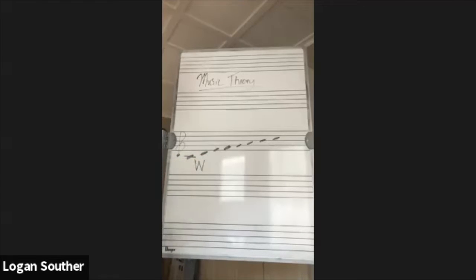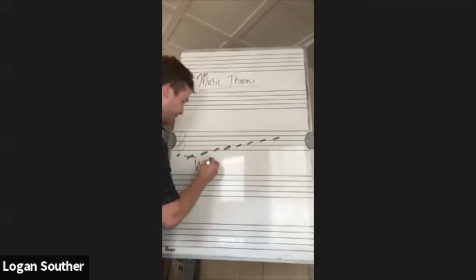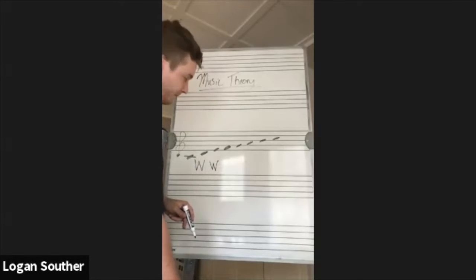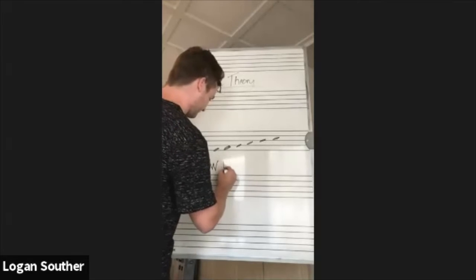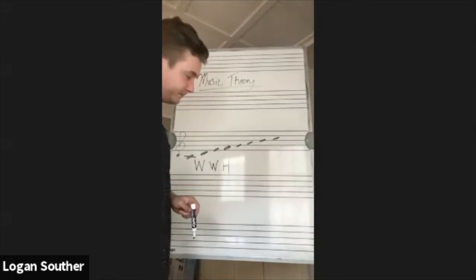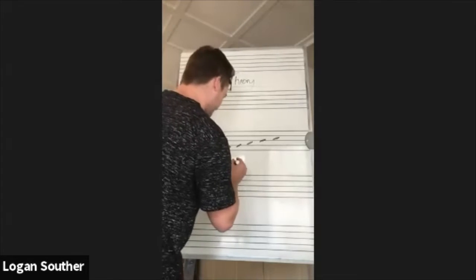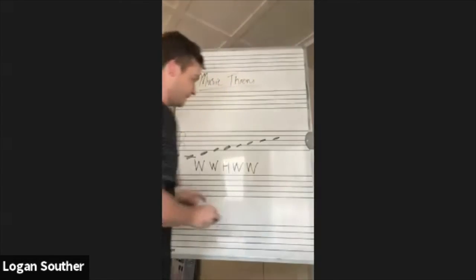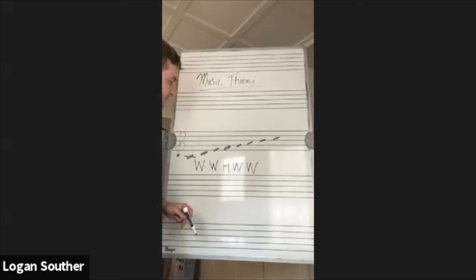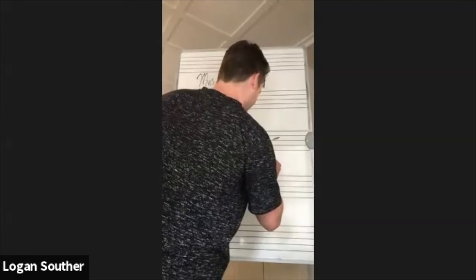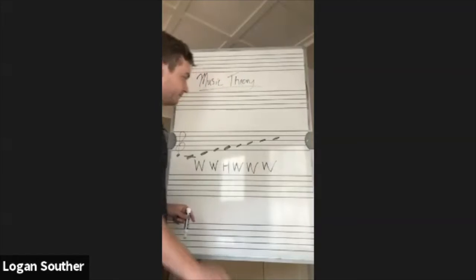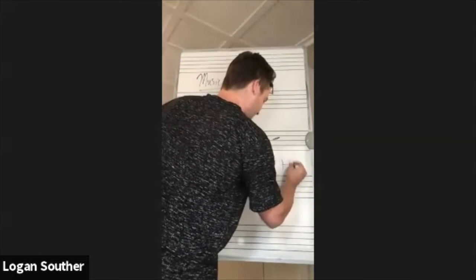So from C to D is a whole step, D to E, another whole step, E to F, it's a half step, F to G, whole step, G to A is a whole step, A to B, it's a whole step, and B to C is a half step.